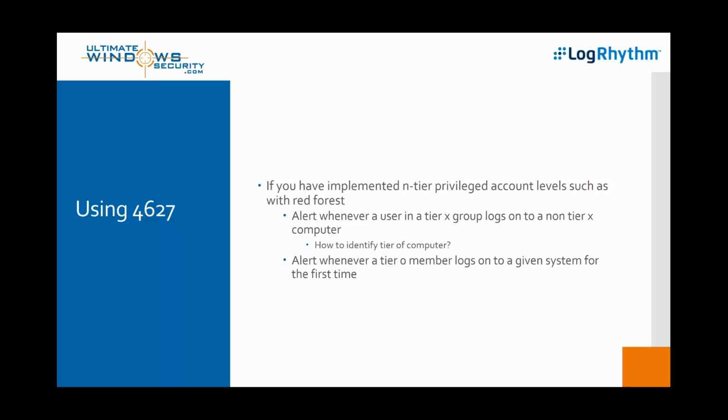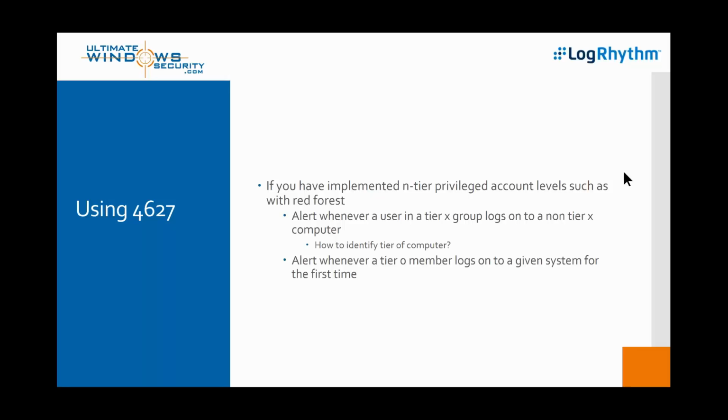Yeah. Let's see here. So ways of using 4627, especially if you've implemented a tier 1, 2, or 3 privileged account level, such as with Red Forest, then alert whenever a user in tier X logs on to a computer that's not in tier X. How do you identify the tier of your computer? All right, here's the thing.